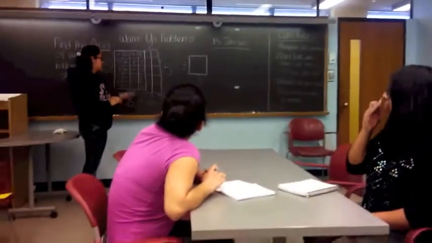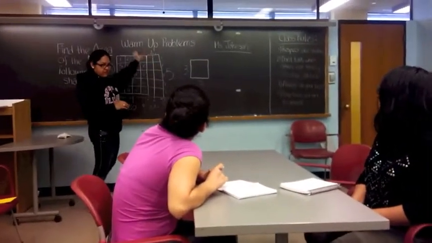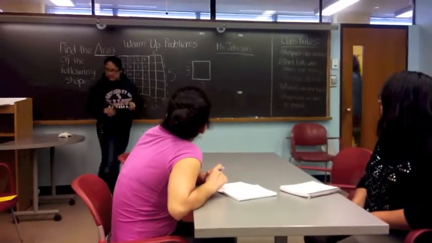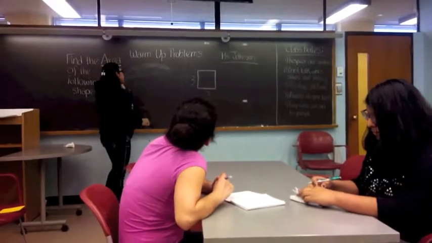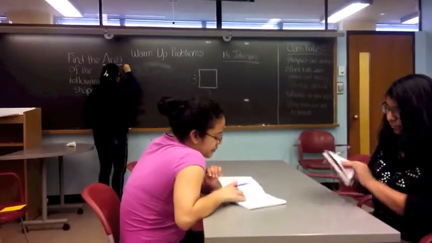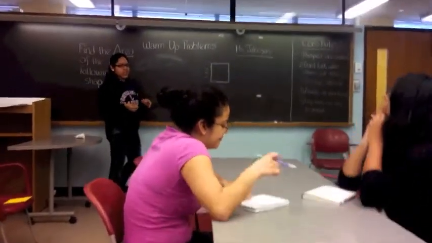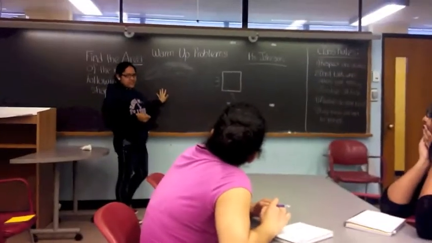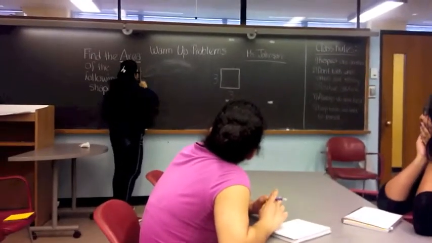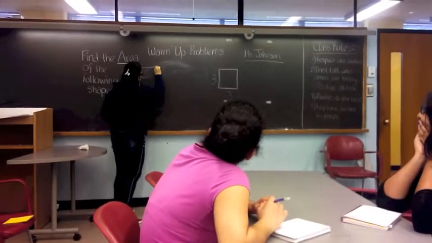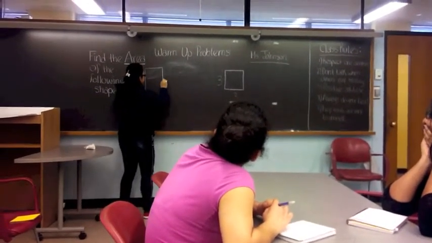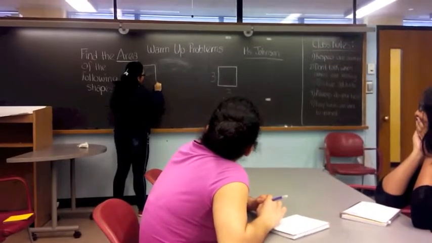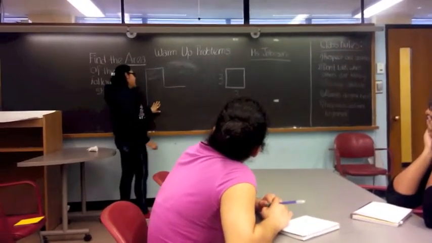In that case, I would draw this shape that I have in mind. It sort of looks like a rectangle, right? But I'm not closing it the whole way. I will still add to it.